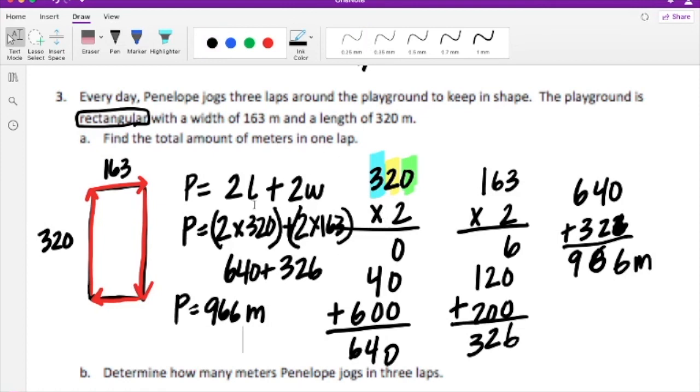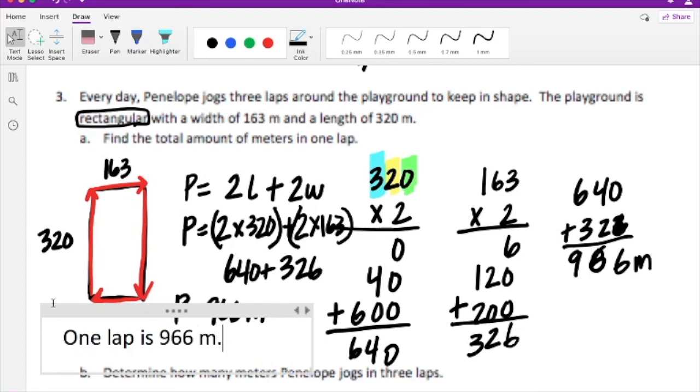So let's write that in the statement. One lap is 966 meters.